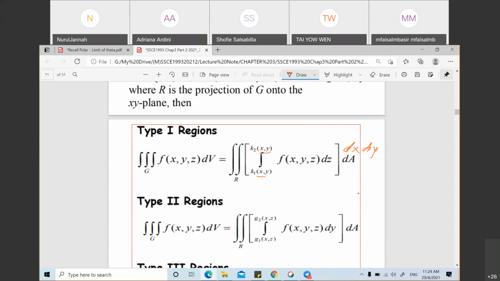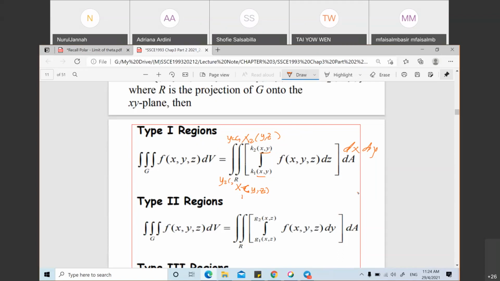But the second integral, from the right, the x should be a function of yz. The innermost integral is a function of xy, the second integral should be a function of y, z, and the last integral should be constant, say C1, C2. The outermost integral should be constant, cannot be a function.